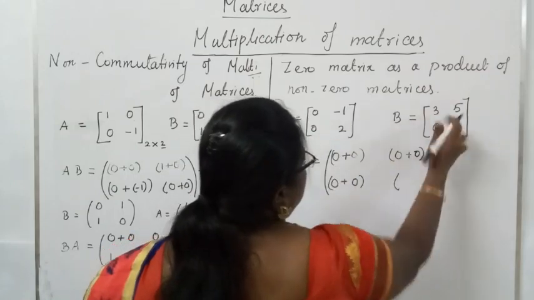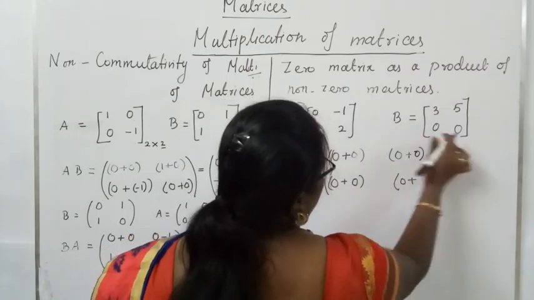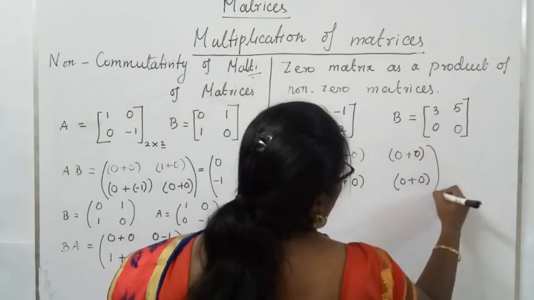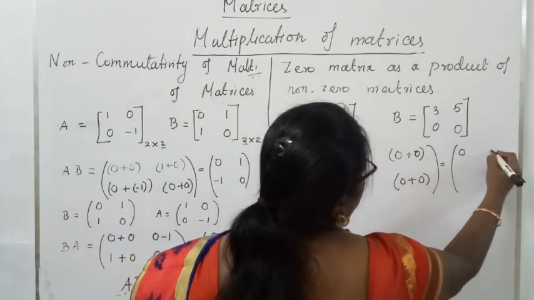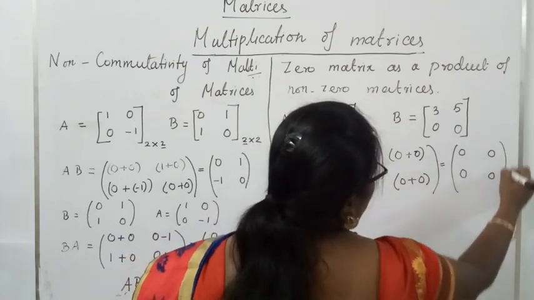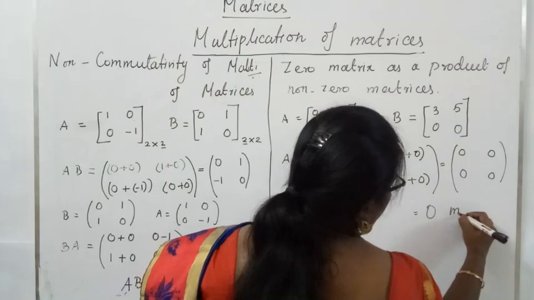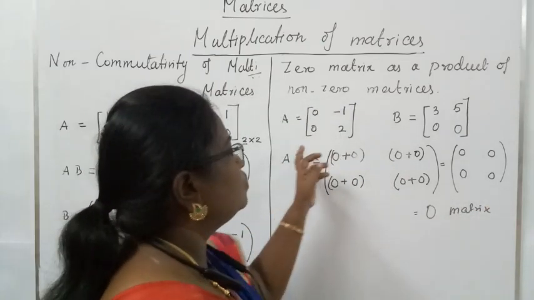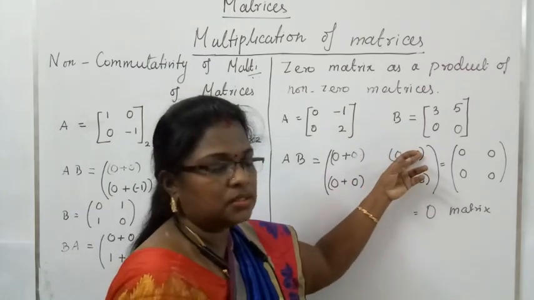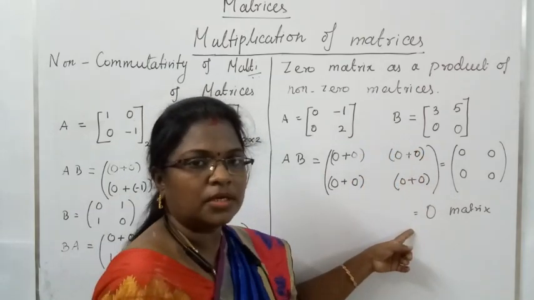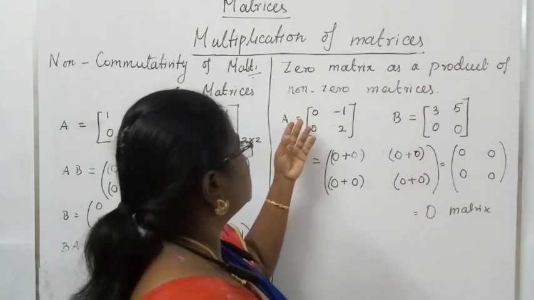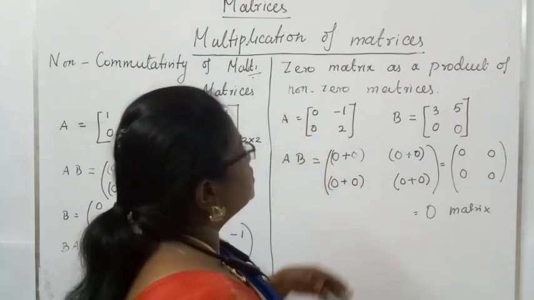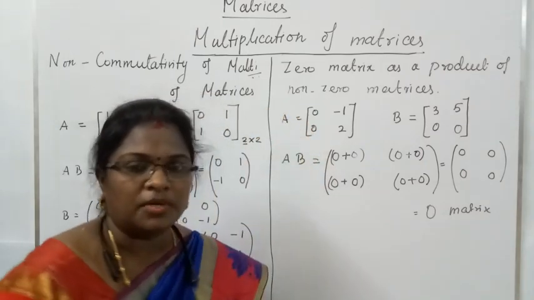Now here 0 into 5, 0, 2 into 0, 0. So now I have got 0, 0, 0, 0. It's a zero matrix. Even though I have multiplied two non-zero matrices, I have got a zero matrix. This is what this law is saying: a zero matrix as a product of two non-zero matrices.